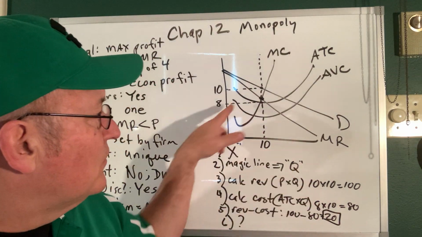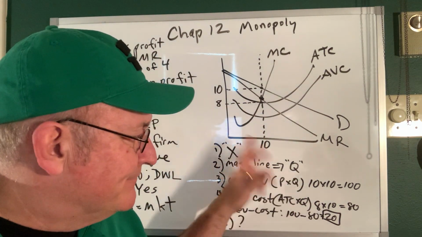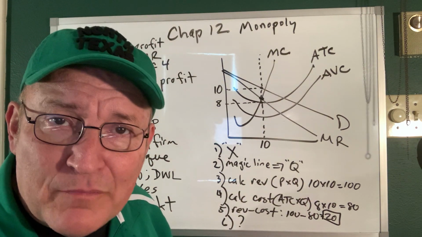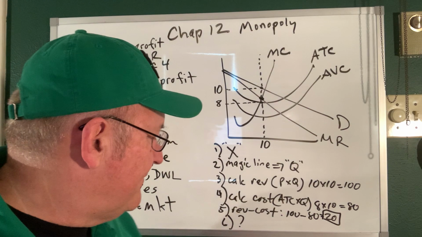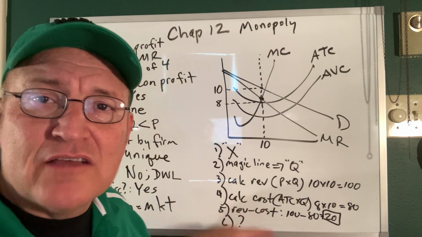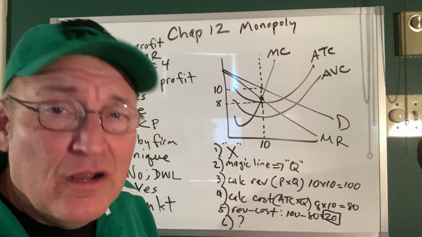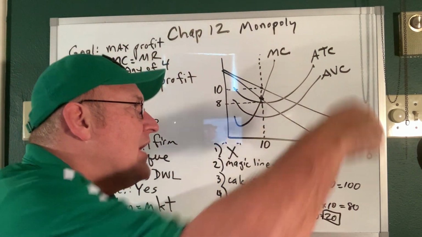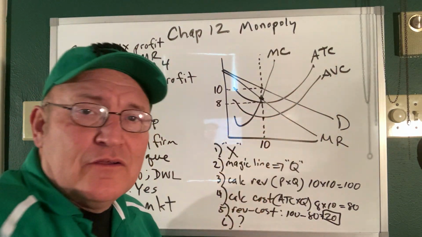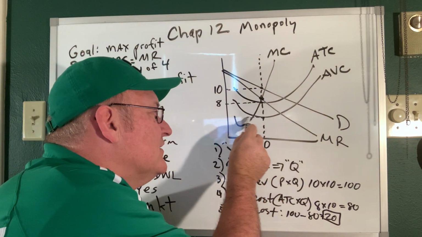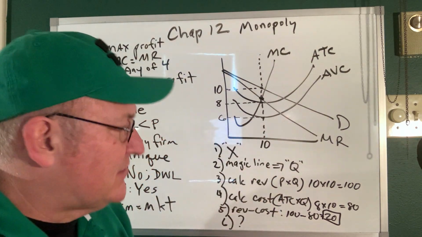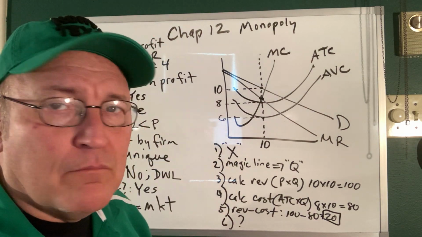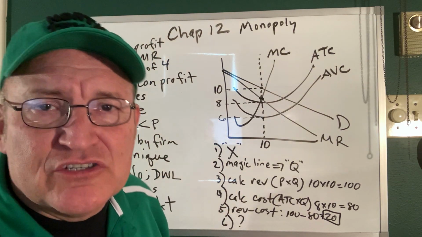If this were 100 minus 100 and it came to 0, then it would be zero economic profit. If you did revenue minus cost and came out with a negative number, that's economic loss, so long as the price is above the bottom of the average variable cost curve. And the fourth one is if the price is equal to or less than the bottom of the average variable cost curve, it's time to shut down.